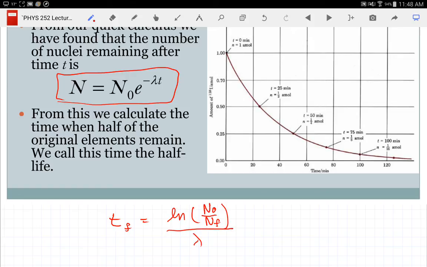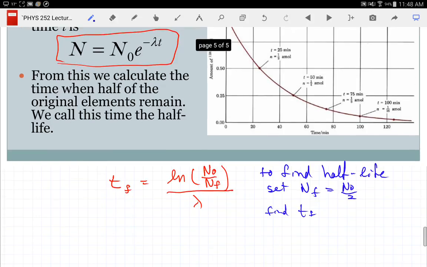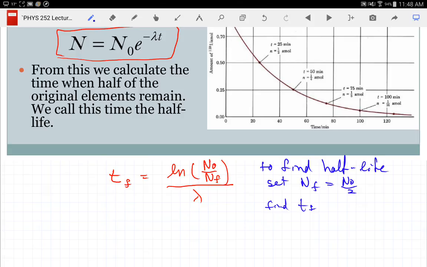So now to find the half-life we define as the time for half to decay, we just say, and I'm changing color so it's clear, to find half-life, you set n final equal to n initial over 2, and then find t final. Well, we already have it solved, so this is a one-stepper.